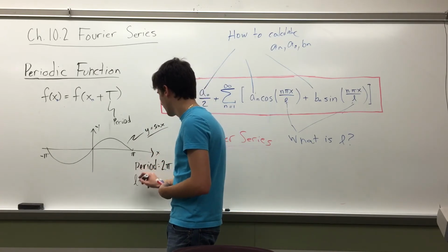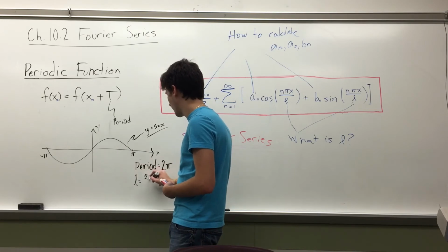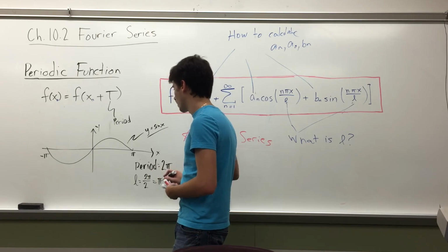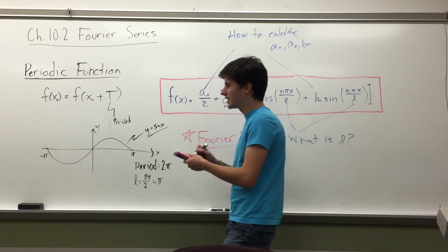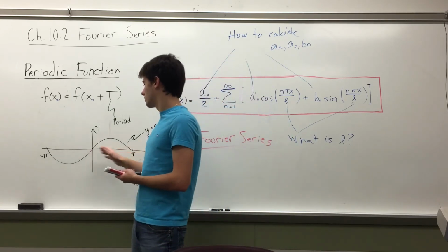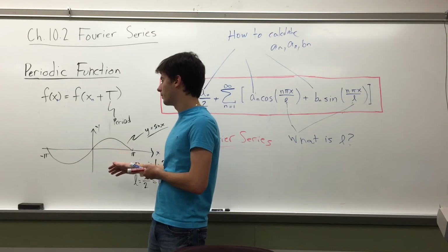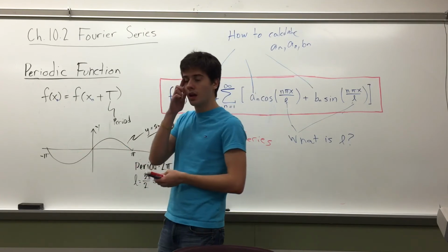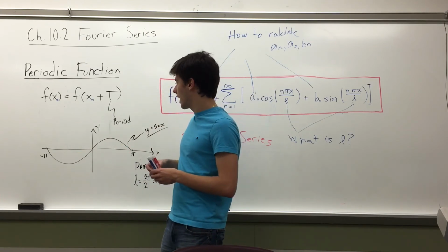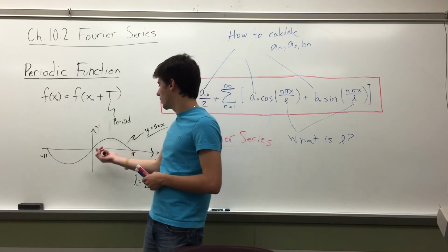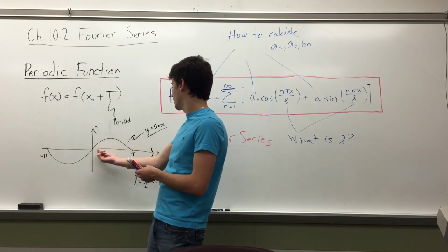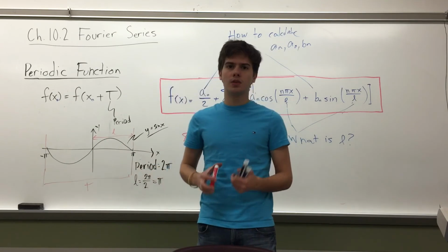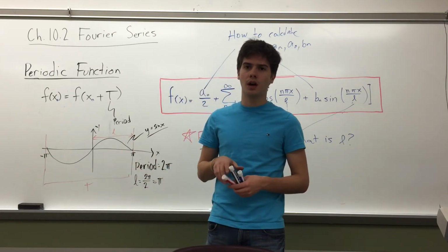So the L is going to be 2 pi divided by 2, which is pi. So it's generally going to be symmetric from negative L to L, and we consider it from 0 to pi. So let's work through some examples, and that's going to become a lot clearer.